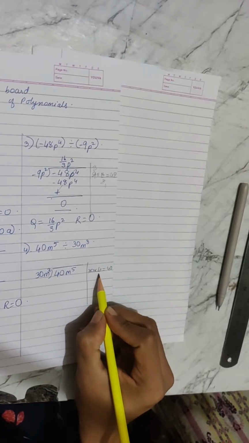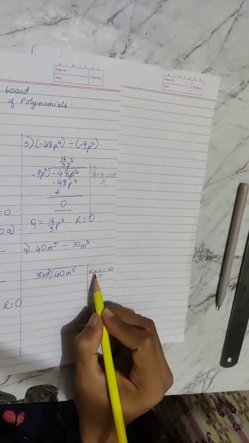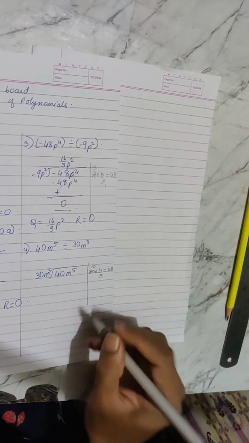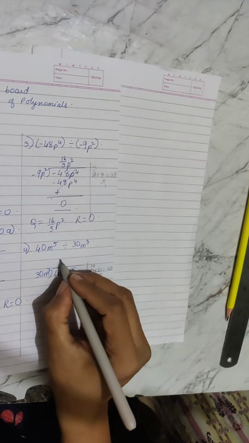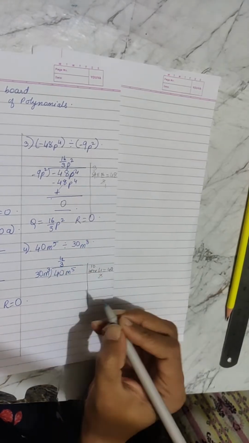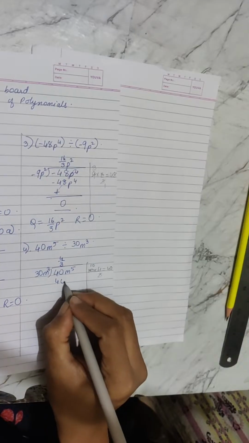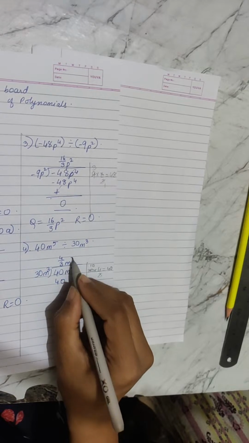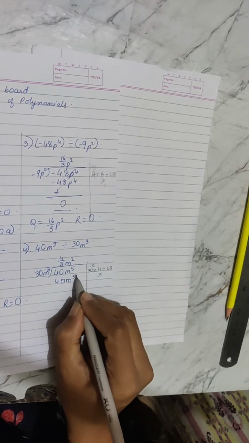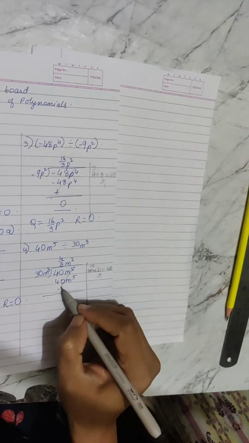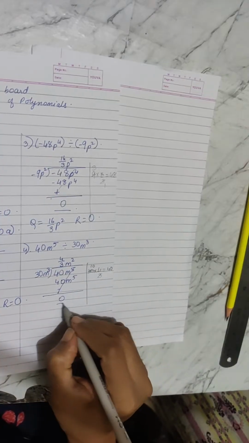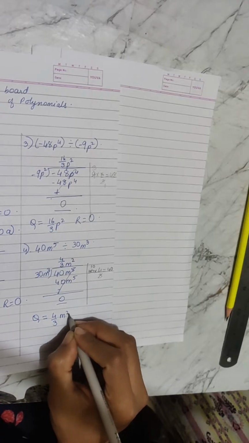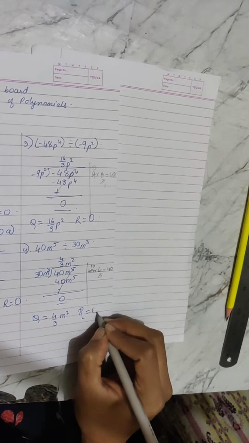So if I take 4 here and 10 comes here, then 10 4s are 40. So I multiplied by 4 upon 3 and got 40, right? Now 3 from 5 goes, 2 remains. So I will get m raised to 5. Change the sign. Everything gets cancelled. The remainder is 0. So the quotient is 4 upon 3m square and remainder is 0.